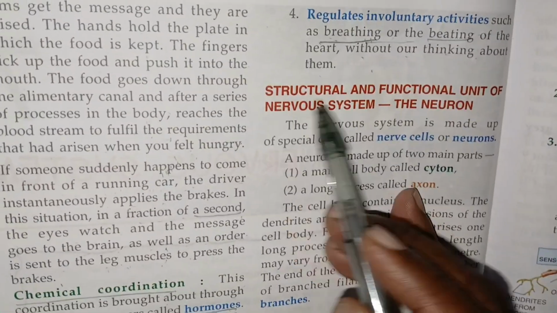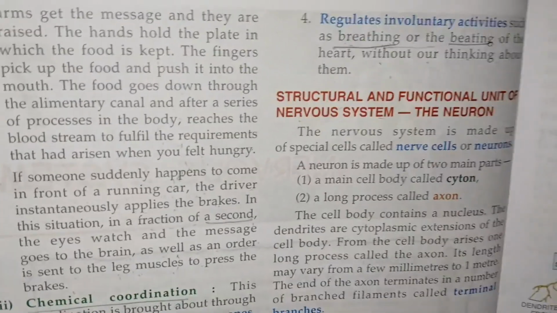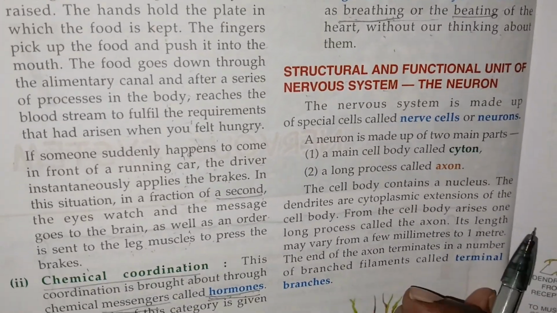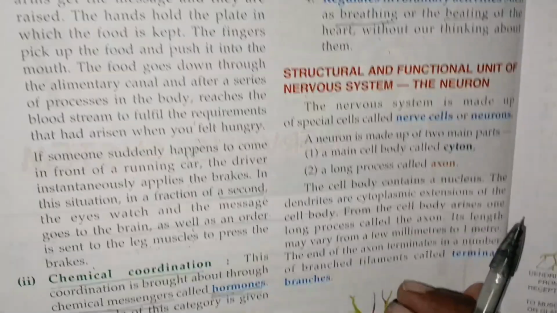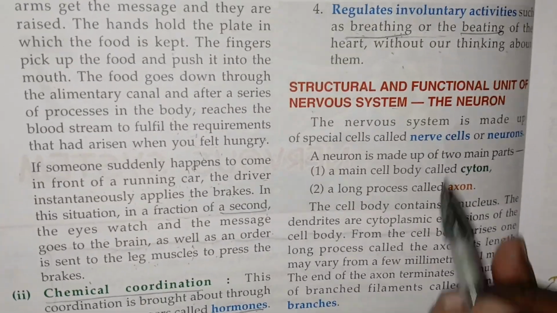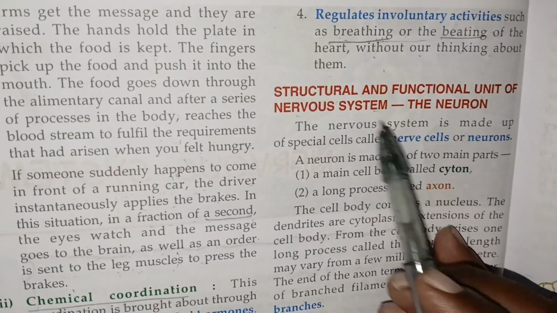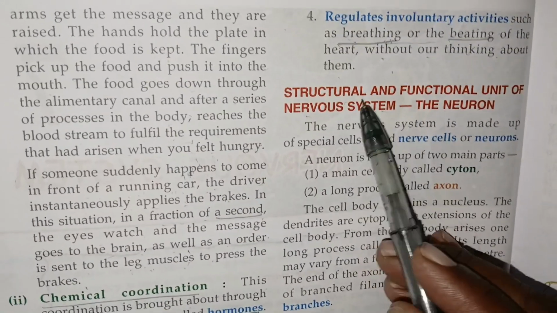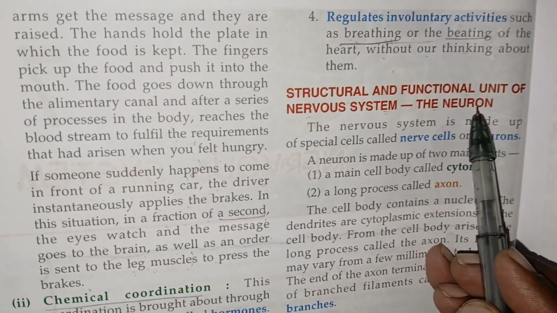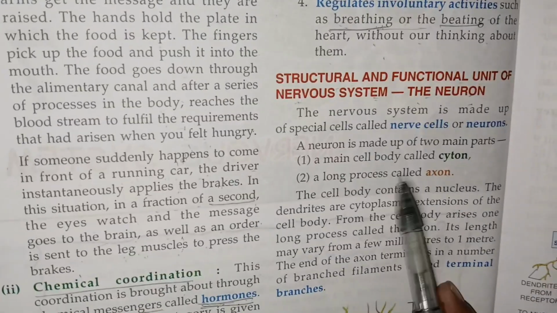Okay, structural and functional unit of the nervous system, the neuron. Next topic. Our lesson is explained through basic information, not in detail, but every word is remembered correctly, perfectly. Let us see what is the structural and functional unit of the nervous system, the neuron.